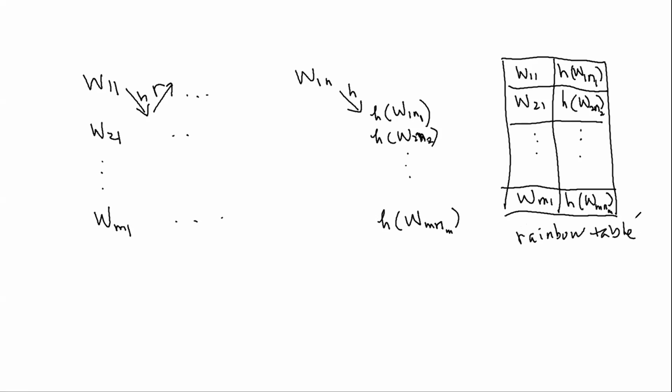So what I want, the ideal rainbow table, is that none of these strings overlap. Okay, that's one. And I also hope this covers my possible password space.